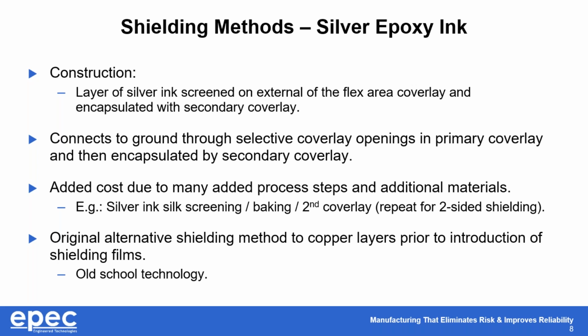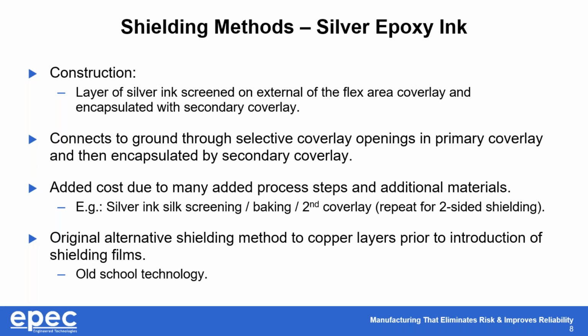The silver ink connects to the ground through selective round openings in the primary cover lay. And the silver ink will then flow down into those openings and both electrically and mechanically attach to the ground net so that you don't have a floating shield. And then that silver ink, again, as I mentioned, is encapsulated by the secondary cover lay.